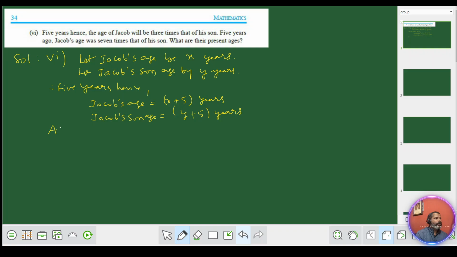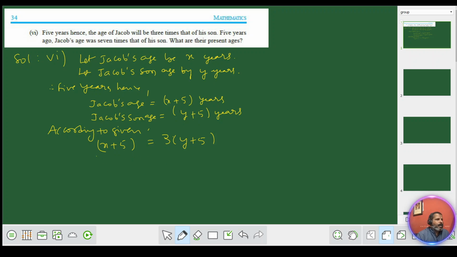So according to the given, Jacob's age x plus 5 will be 3 times that of his son, y plus 5. So 3 of y plus 5. Solve it and keep it ready.